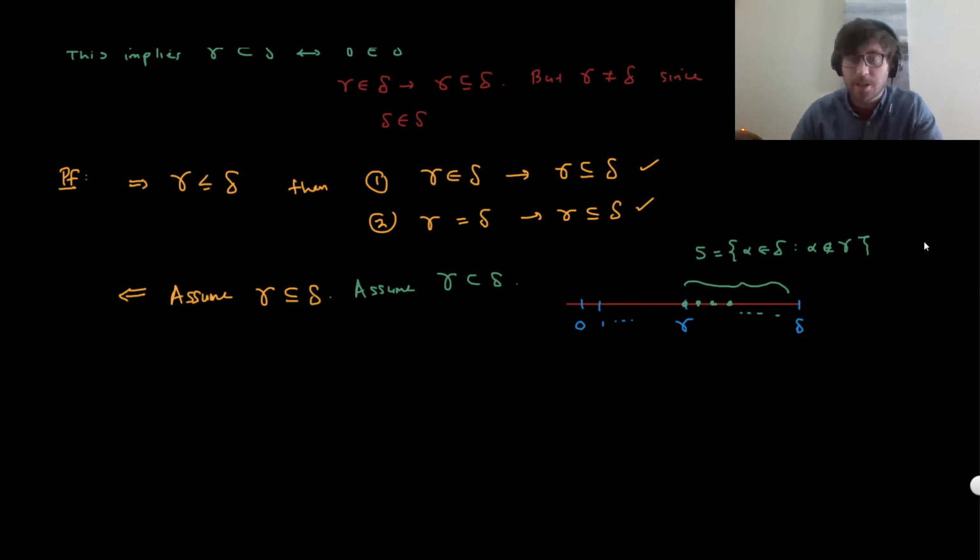How does the argument go? Maybe we'll write this down. Let's define the set S to be all of the elements, say alpha, in delta that aren't elements of gamma.